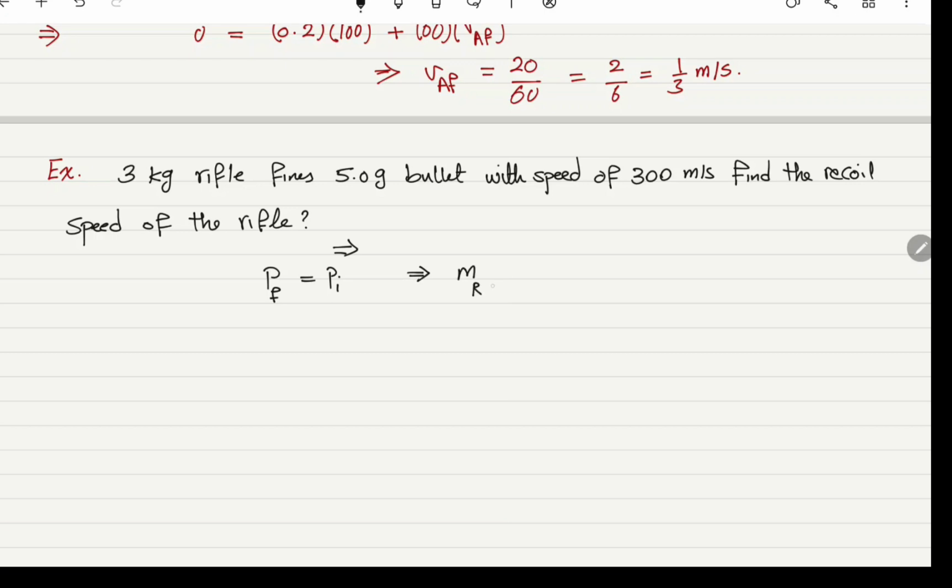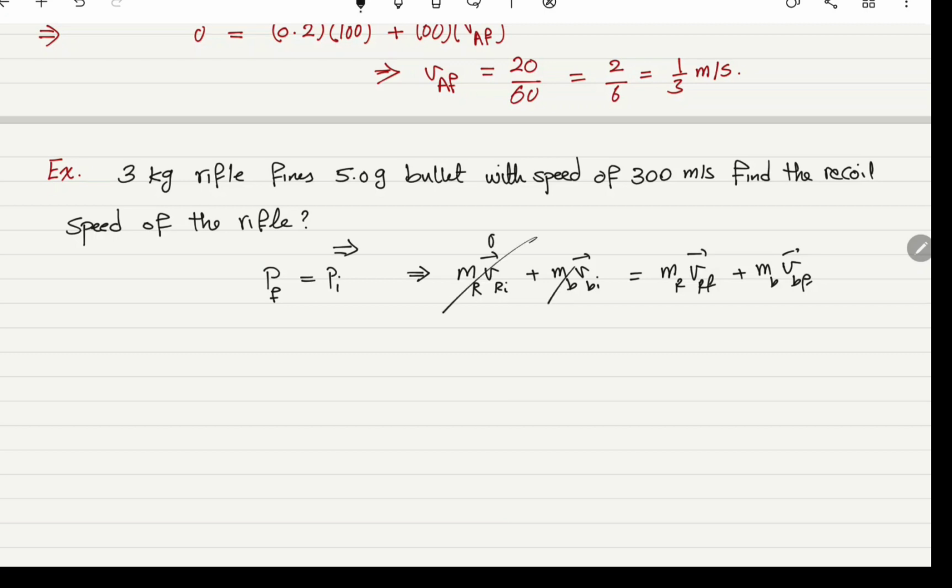M rifle V rifle initial plus M bullet V bullet initial equals M rifle V rifle final plus M bullet V bullet final. And again, both the bullet and the rifle are initially at rest.